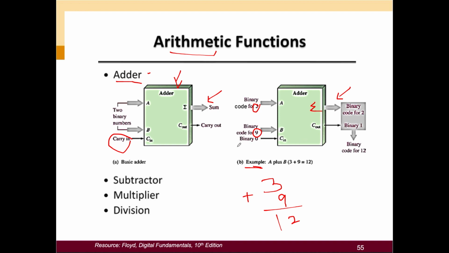And you can see that you have the C input. Normally you have another extra input, which is 0. So you plus 0, and you get 12 also. So the answer will be 12, the binary code for 12.